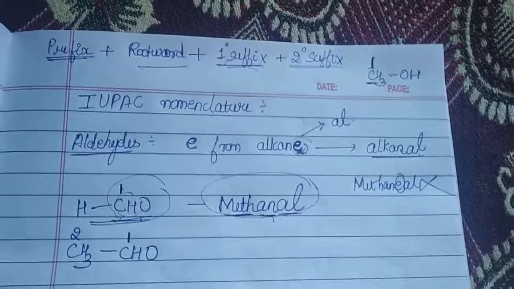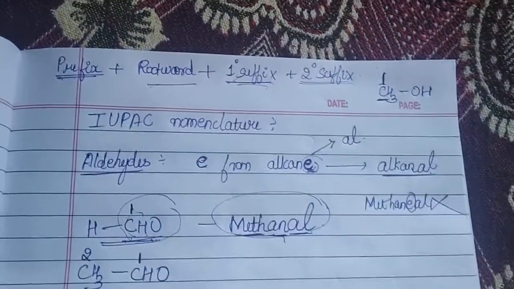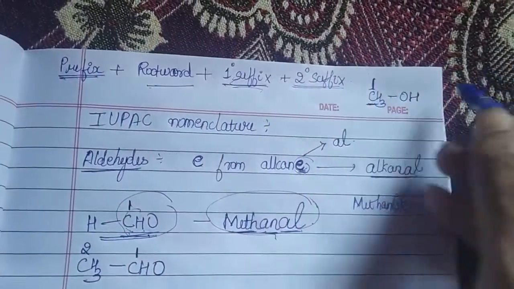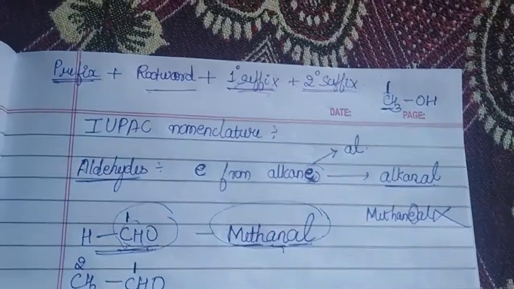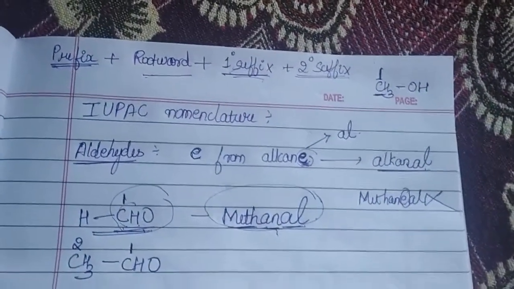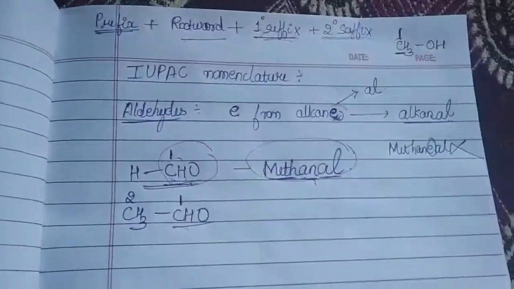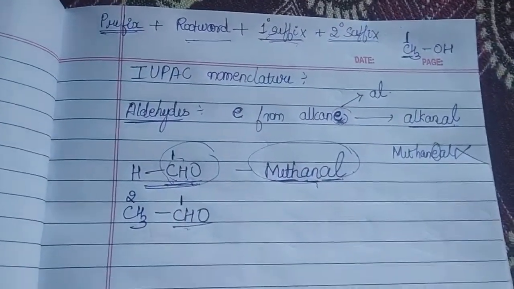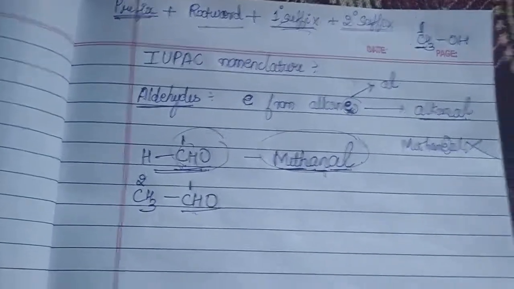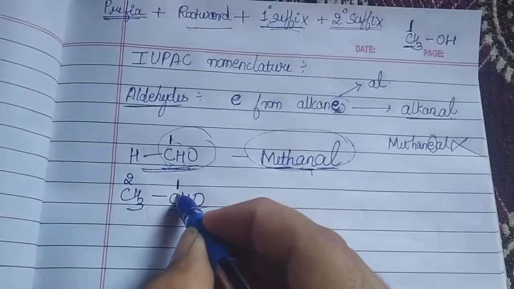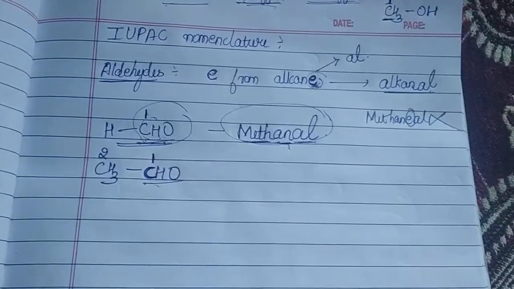Whatever numbering we do in IUPAC nomenclature by selecting the longest chain is only done on the carbon atoms. In alcohols and ethers, there were no carbon atoms in the functional group. But here there is a difference. Are you able to understand?